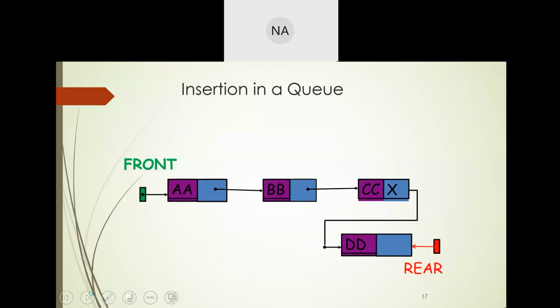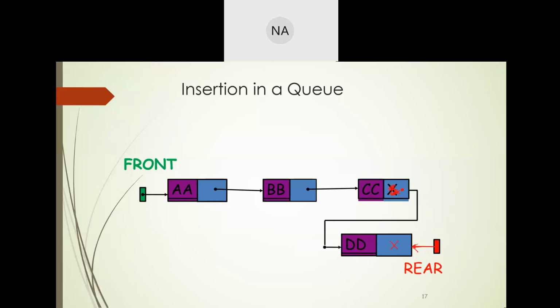right? And the rear pointer will point to this new node, like this. Okay, so in fact this is not a null value. This is a pointer which points to the new node, and the pointer part of the new node points to null. Okay, and the rear pointer points to the new node.